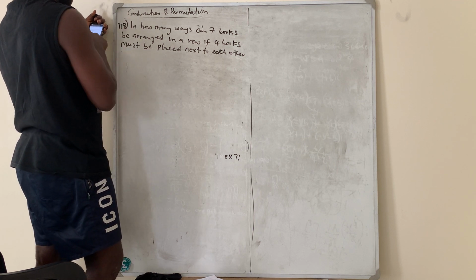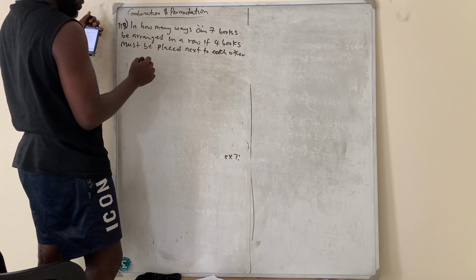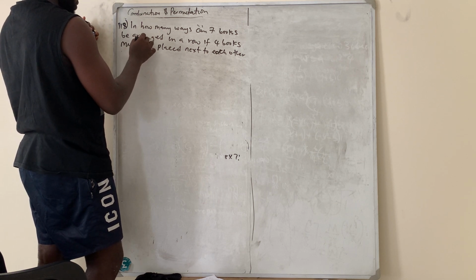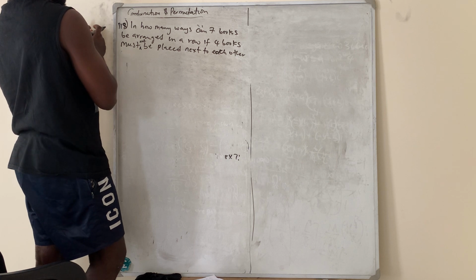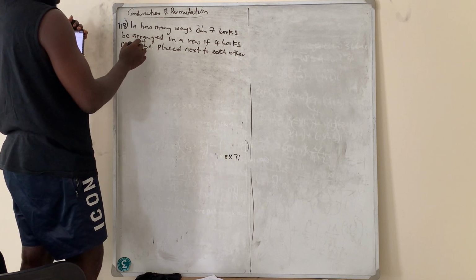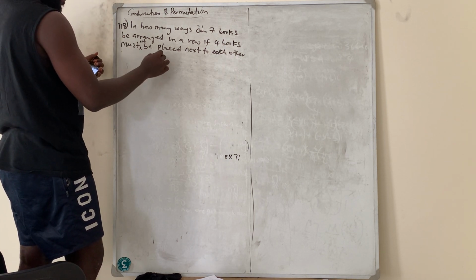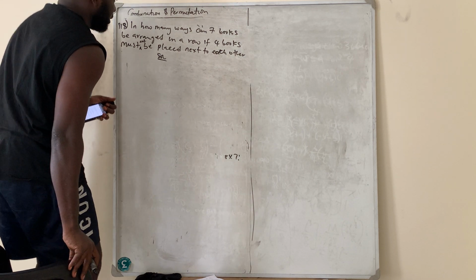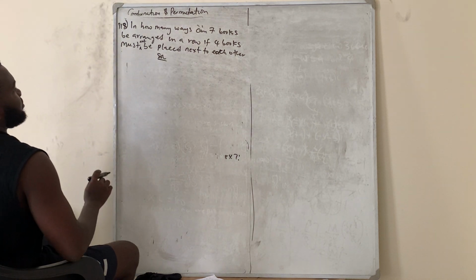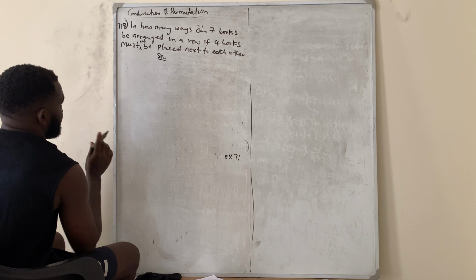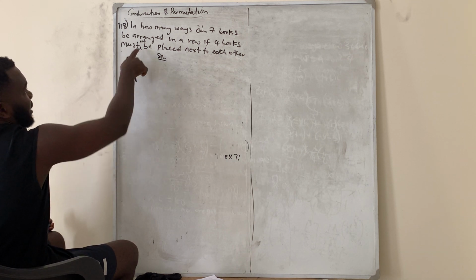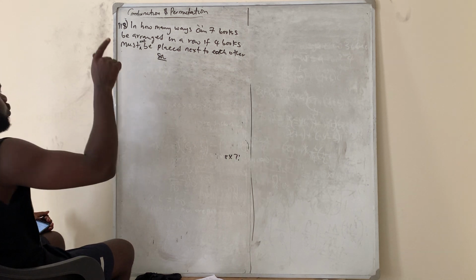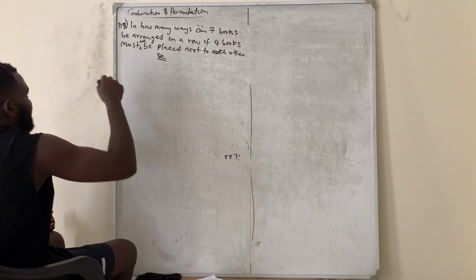So 118, they say that if the books must not be together, please don't mix it. If they must not be together, first of all we need to get the total without restriction. So what we do is without restriction minus when they are together.